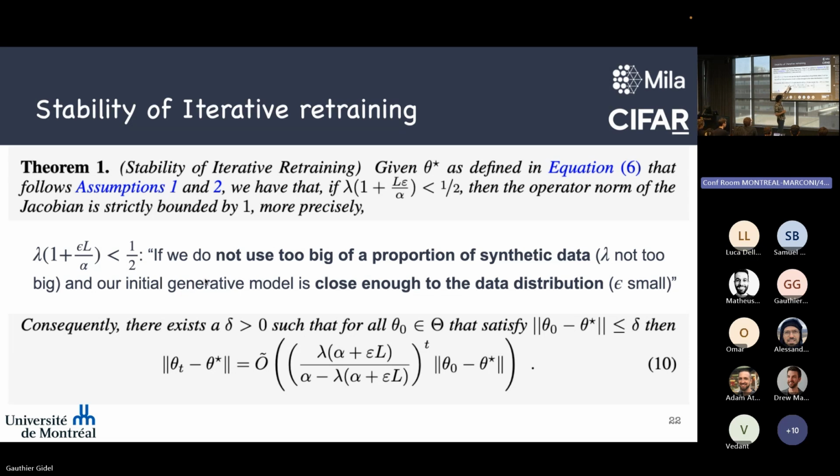If we do not use too big a proportion of synthetic data, meaning lambda is not too big, and if our initial generative model is close enough to the data distribution, so epsilon small, if I remember that epsilon is the distance between the real data and the best you can generate with your generative model. So if epsilon is small and lambda is not too big, then the condition holds and we have stability. So what we extract from the theory is that there is a condition for stability.